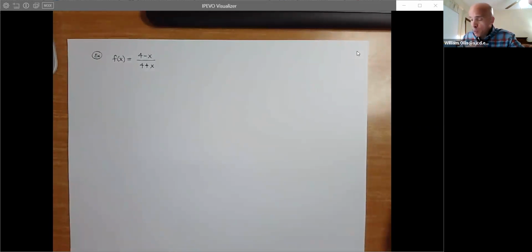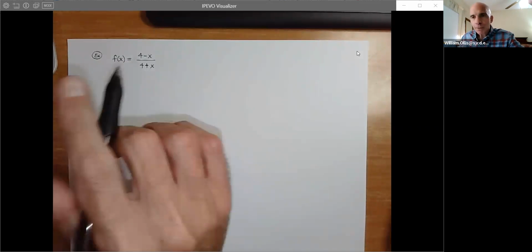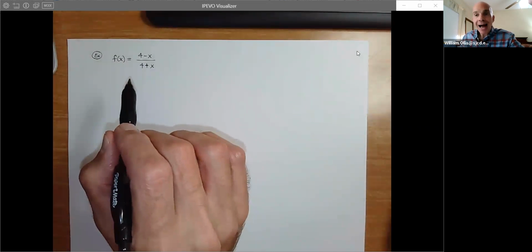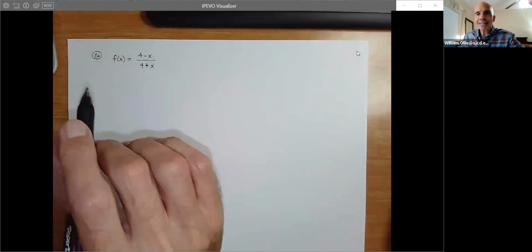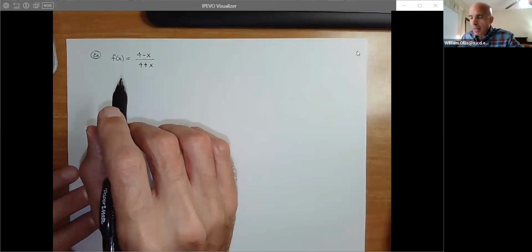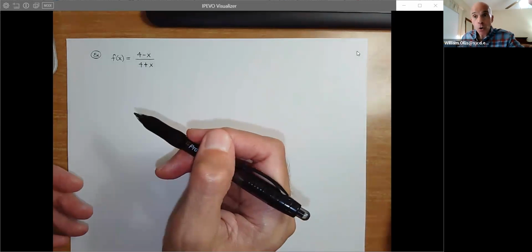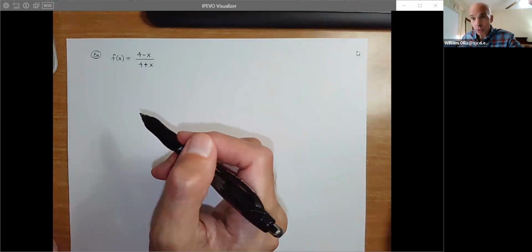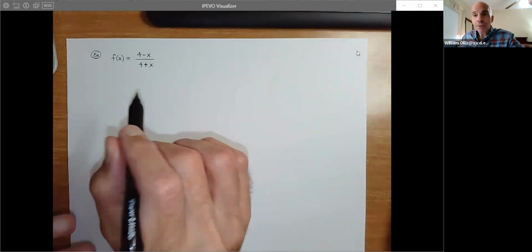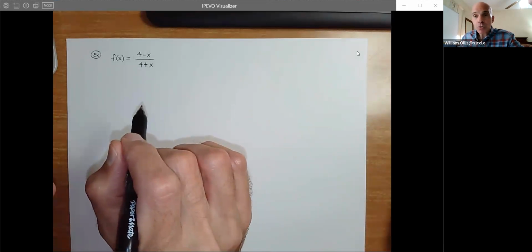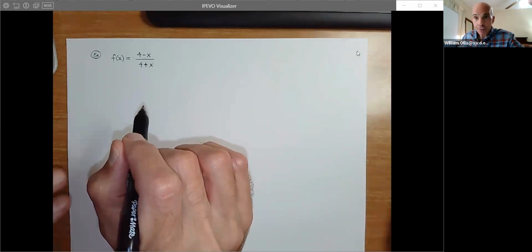And so the first thing we want to do is think about maybe what the domain would be. Now, when you compute a domain, you just basically have two ideas that you need to maintain. If we have even nth roots like square roots or fourth roots or sixth roots, if we want output to be real, we can only take the even nth roots of non-negative inputs.